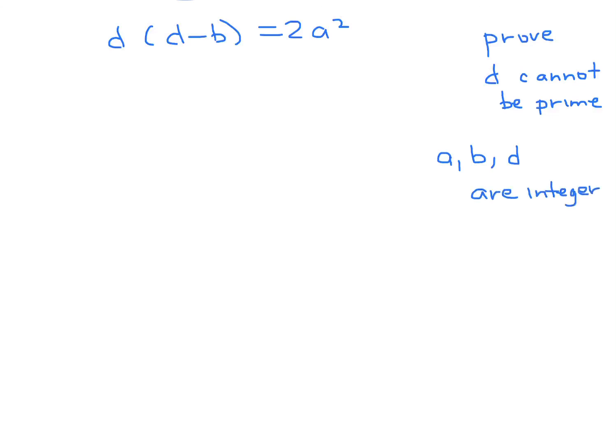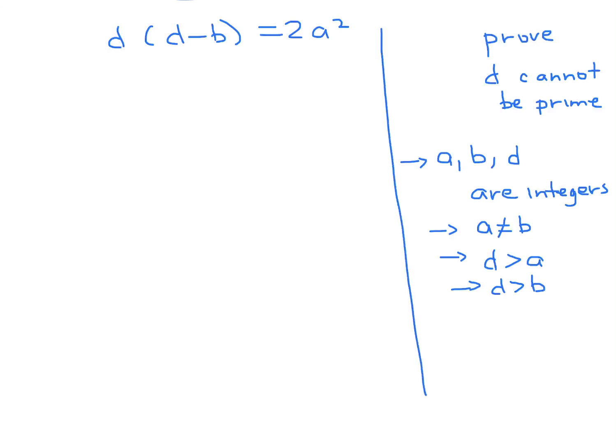So that's definitely something that you need to keep in mind. We also were told that A is not equal to B, and we also know that D is the diameter, so it's greater than A, and D is also greater than B. These are the conditions. So this is going to play an important role in us trying to figure out D and whether it's a prime or not.